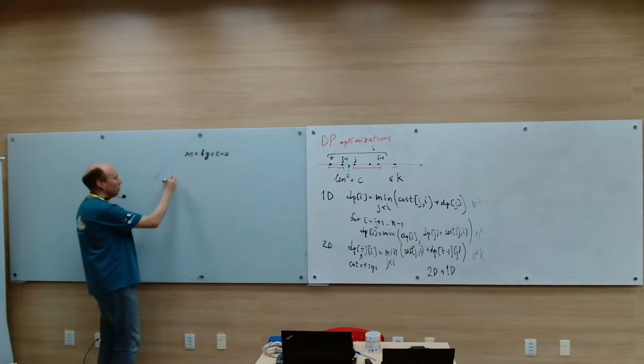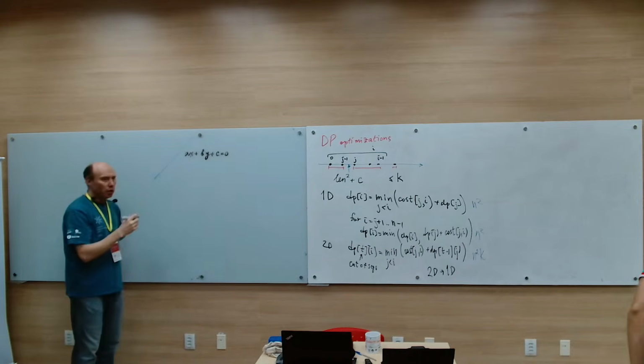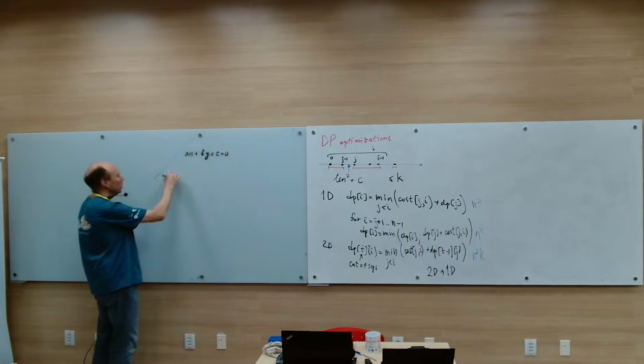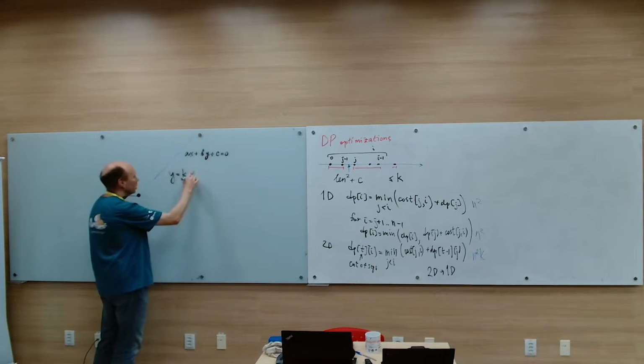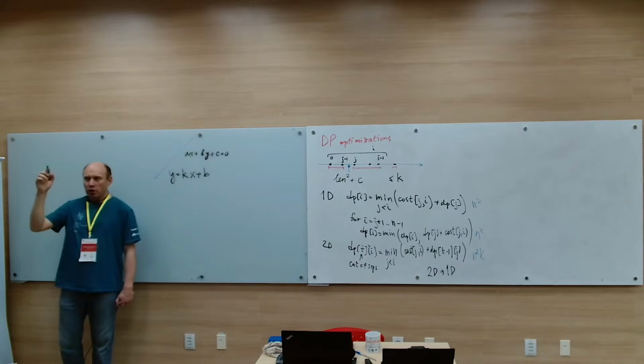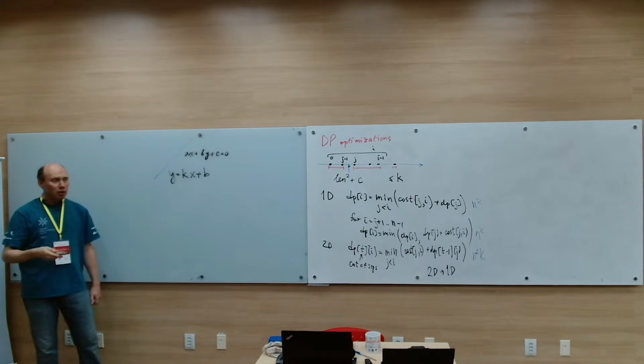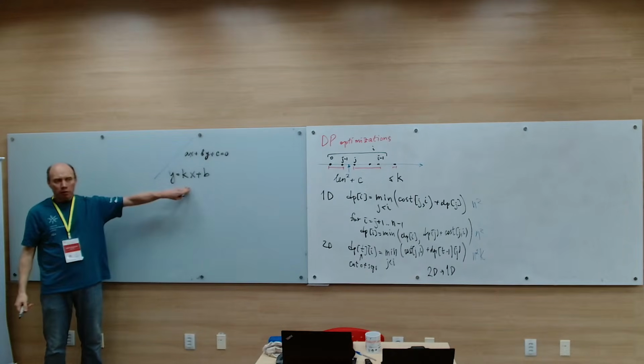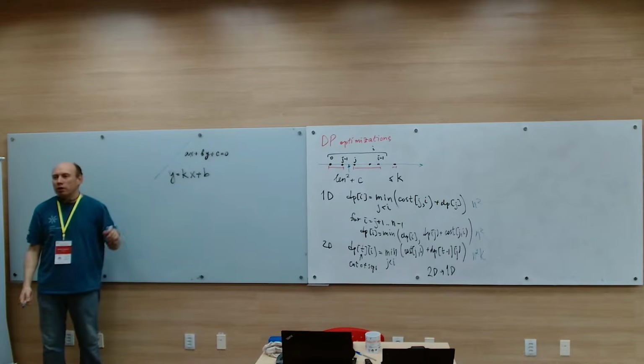So in high school, they teach that the equation of the line is y equals k times x plus b. This doesn't give you vertical lines. Only non-vertical lines can be given by this equation. For vertical lines, k is infinity.